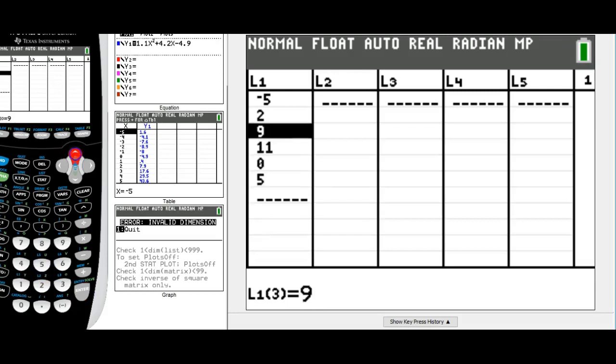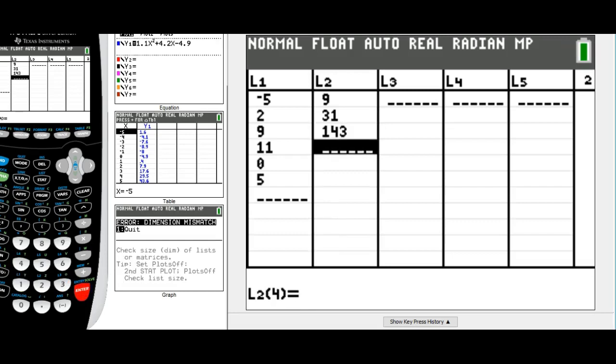And under L2, I'm putting my y's: 9, 31, 143, big number there, 151. That's why it's important to use zoom stat if I was looking at this picture. Technically, I don't need to look at this picture because I was told line. But let's just look at it anyway, just to make sure.